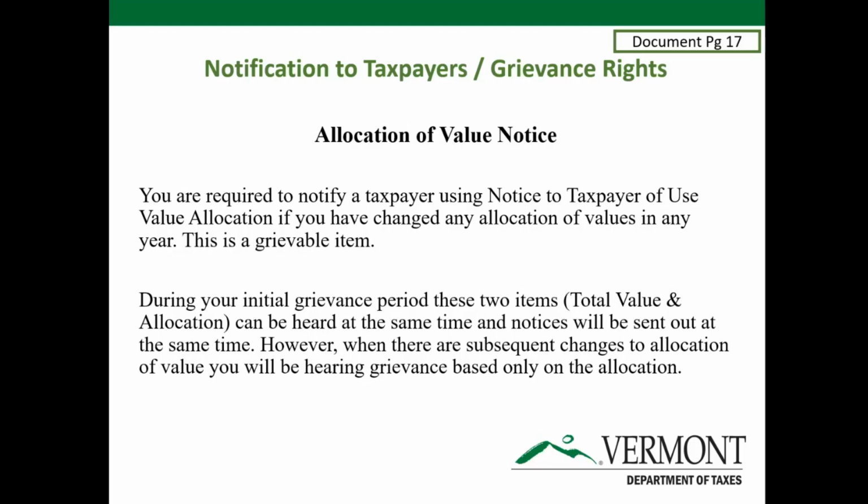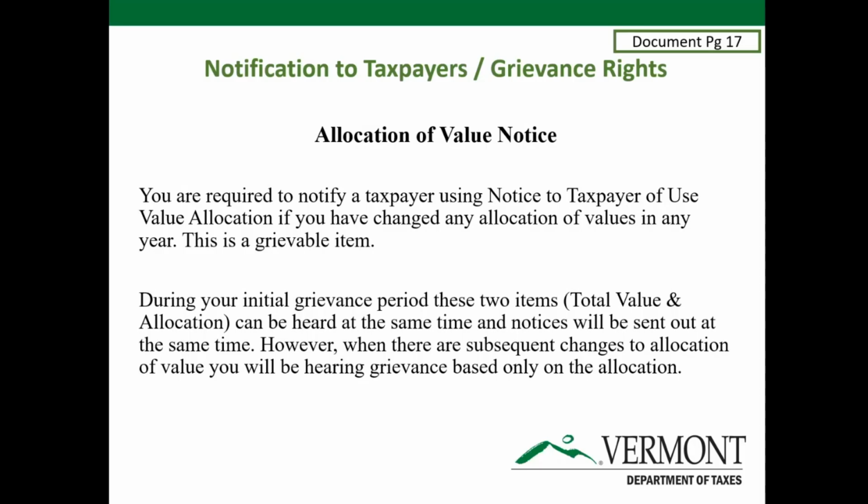Now, if there are subsequent changes to that parcel, say in September or October, because current use has processed an application, that change also requires a new change of allocation notice to be sent, because they have that same statutory due process for appeal of the allocation, not their overall value.